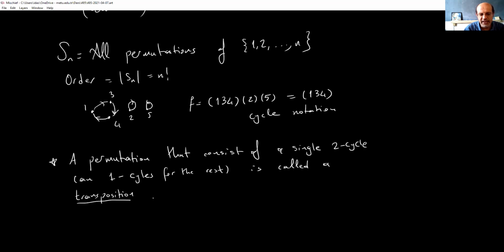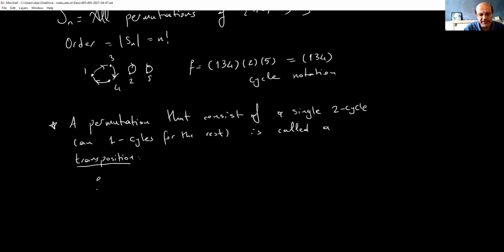We are going to use this expression a lot. So a transposition is basically a permutation of that form.